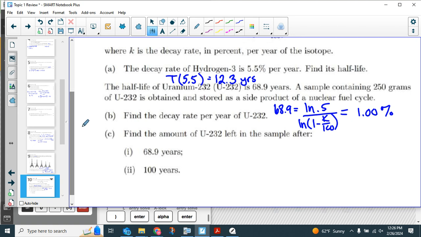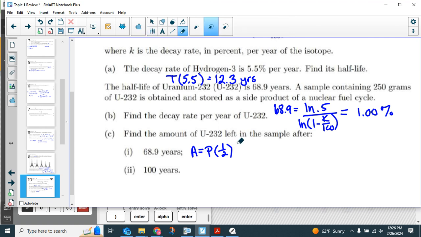Okay, I'm going to cheat here. If any of you remember half-life formulas from either science class or pre-cal, it makes this go a lot faster. So our half-life formula: A is equal to P times 1/2 to the T over K power.